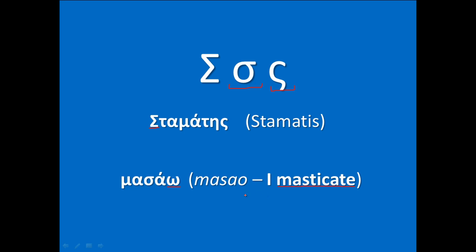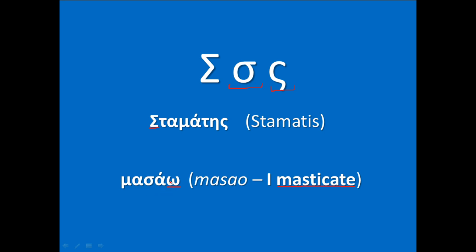Just this right now. We don't need to say εγώ masao because masao fits only for the first person, fits only for me. Whereas in English we used to say I masticate, you masticate, he masticates, etc. In Greek we used to say masao, masas, masai.